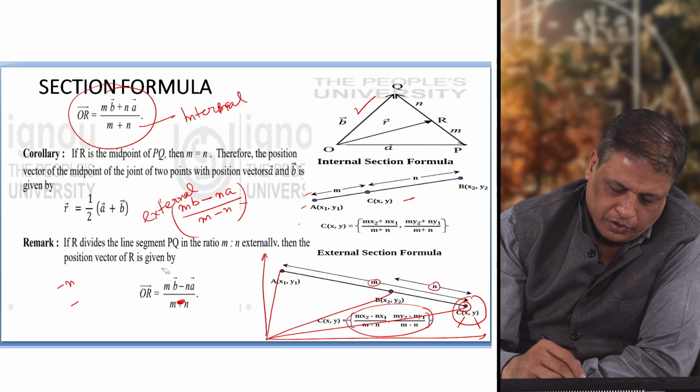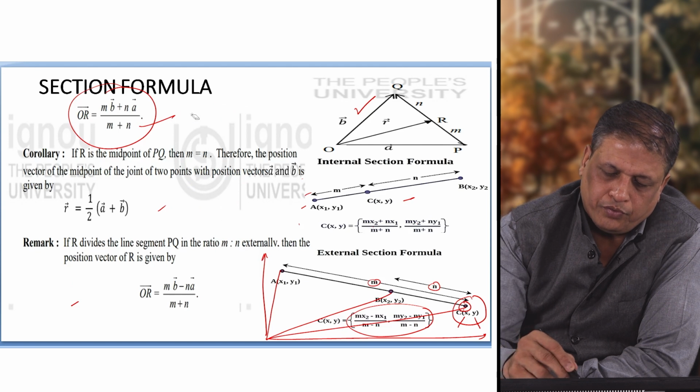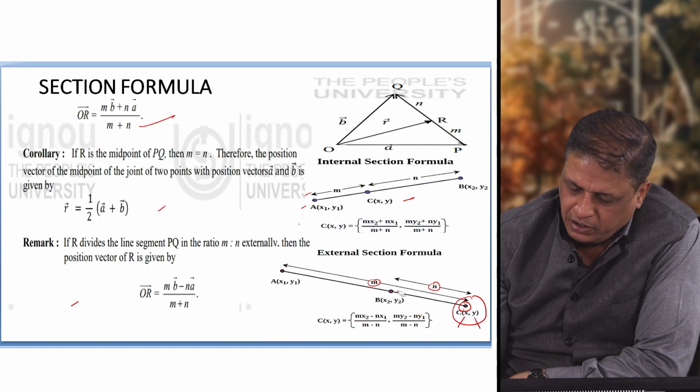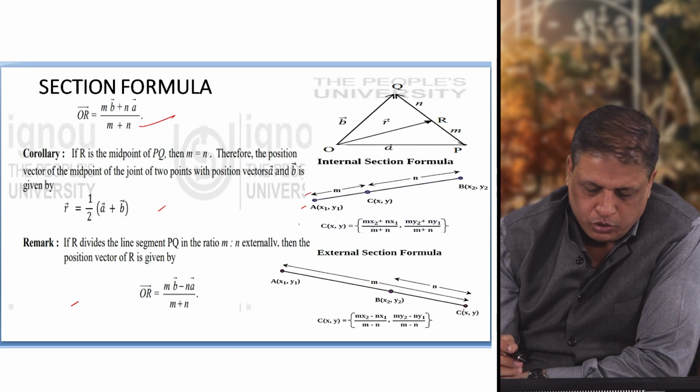Now, these are the cases when the point is dividing the vector AB or the line in the ratio m is to n.